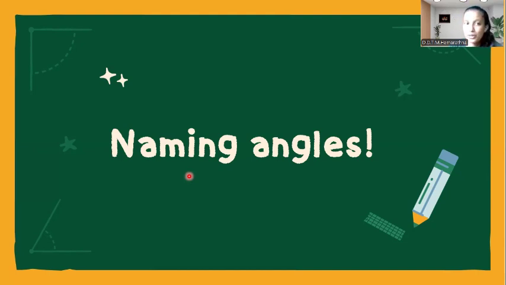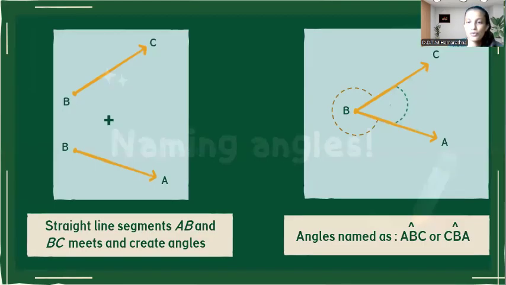So now we are going to learn how we name the angles. We can name those angles using English letters, so we can identify separate angles with separate names. Let's see how we are going to do that.